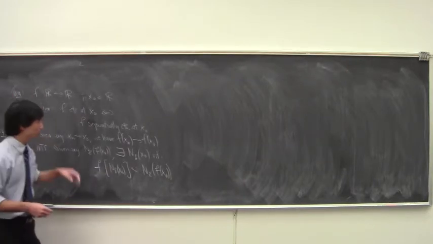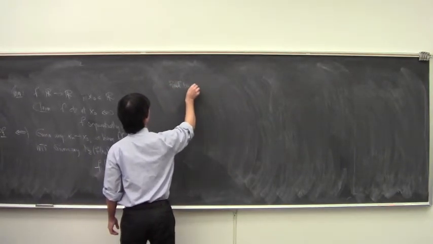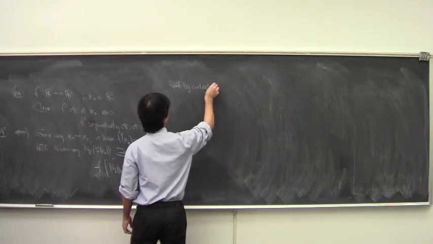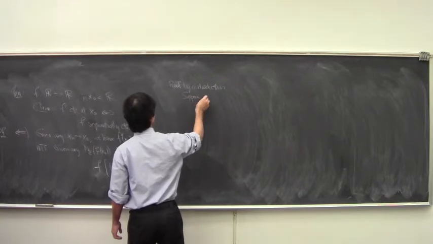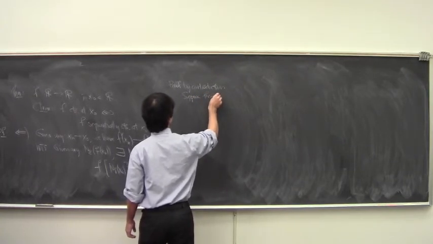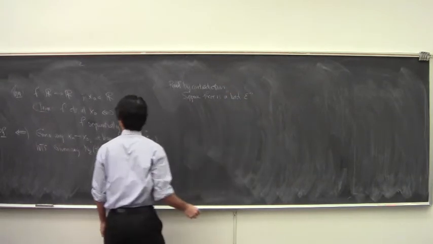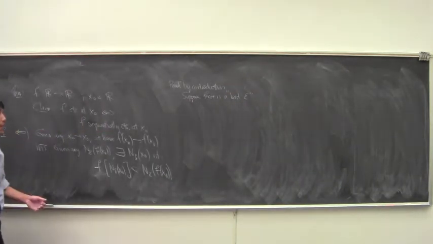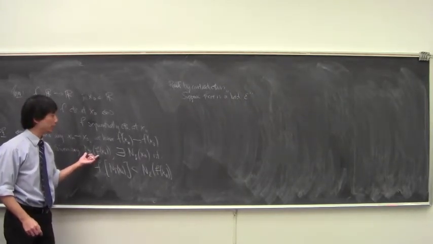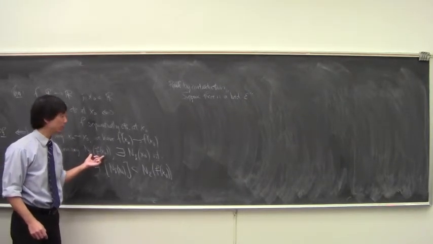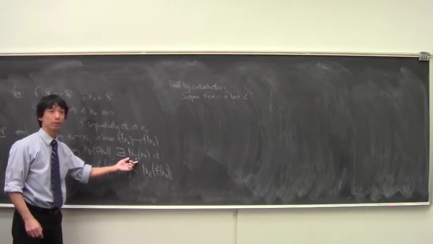I'm going to do this one by contradiction. So suppose there is a bad epsilon. Suppose there's a bad epsilon, and for this epsilon there's a bad epsilon neighborhood, such that for that bad epsilon neighborhood, there's no delta neighborhood that works.